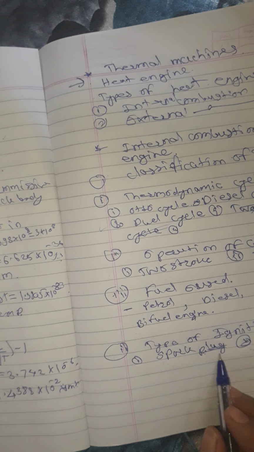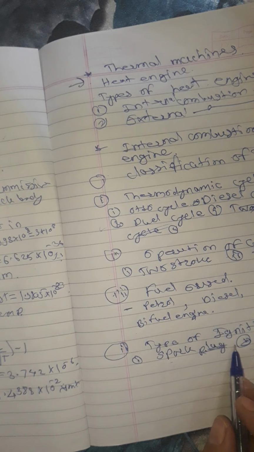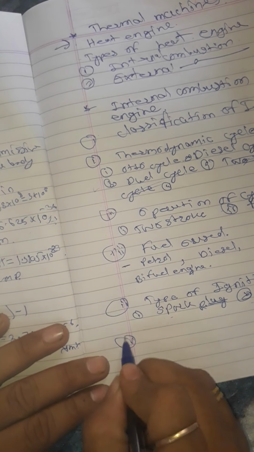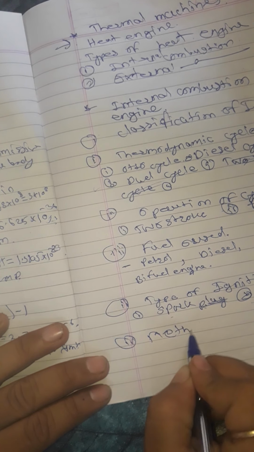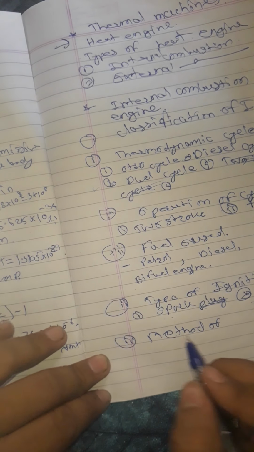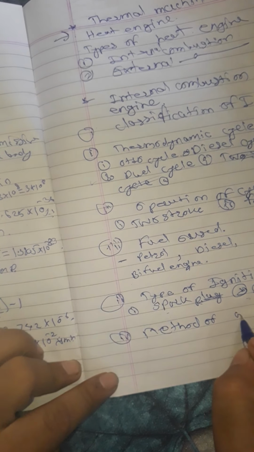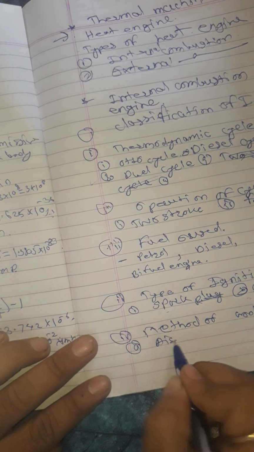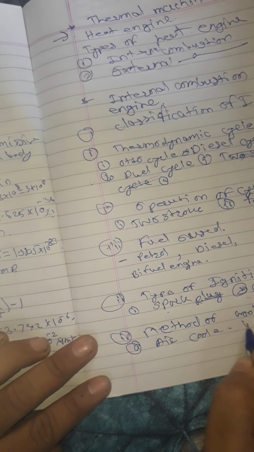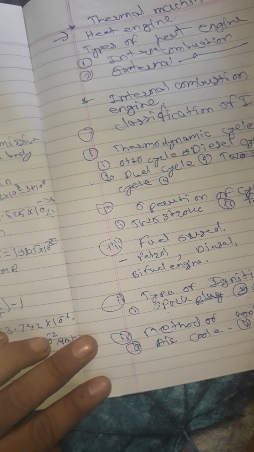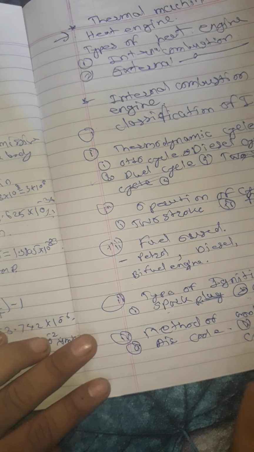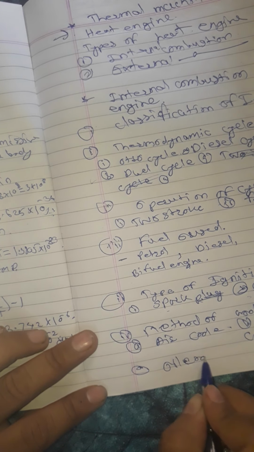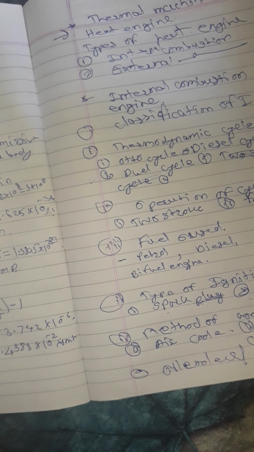In short, SI engine and CI engine, spark ignition and compression ignition. Next, method of cooling: air cooled, water cooled, and oil cooled. Right, this is the type.